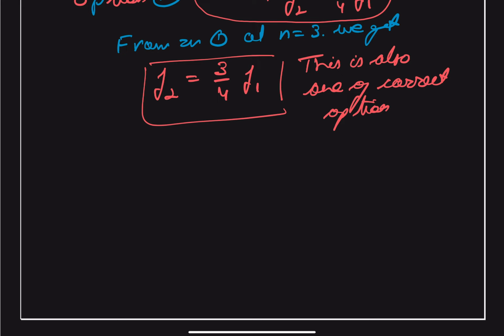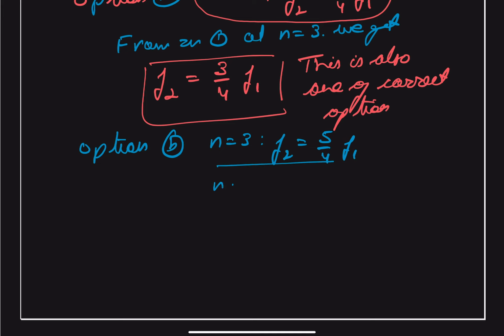Option B gives that for n equal to 3, we should be getting f2 equal to 5 by 4 times f1. Obviously this is not true, so it is not a correct option.